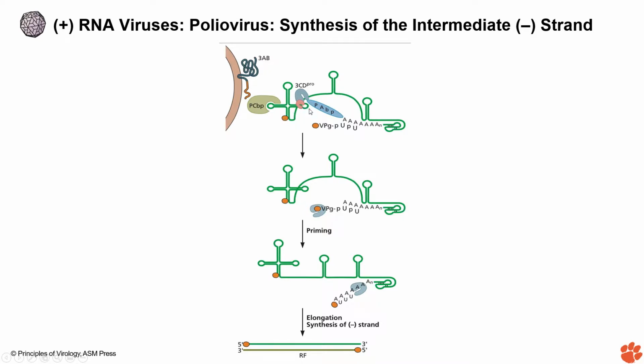Using this cloverleaf structure, the 3CD pro attaches itself to this, and this will make the primer in that process, and that's what you are seeing. So this is just the basic idea. The 3CD pro is attaching, and along with that, it will bind to another protein, a poly-A binding protein, which binds to the 3' end of the RNA. So it's getting pretty intense in there.